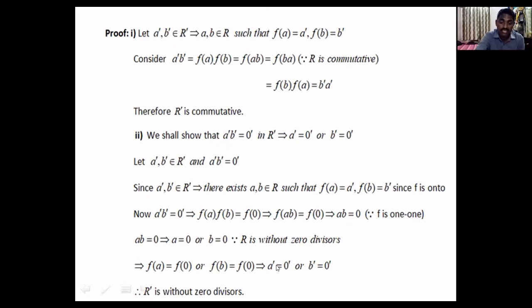That is, A dash is equal to 0 dash or B dash is equal to 0 dash. Therefore R dash is without zero divisors. That means if ring R is without zero divisors, then R dash is also without zero divisors.